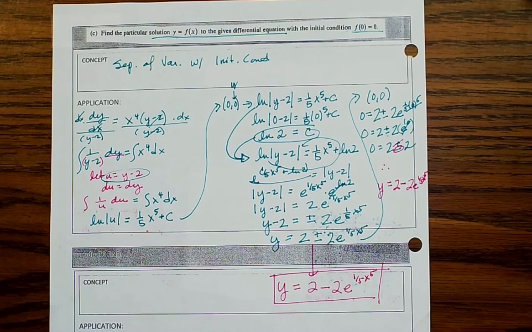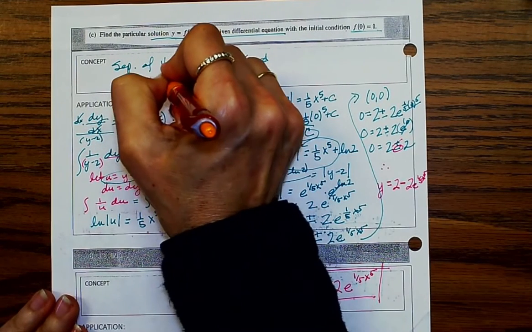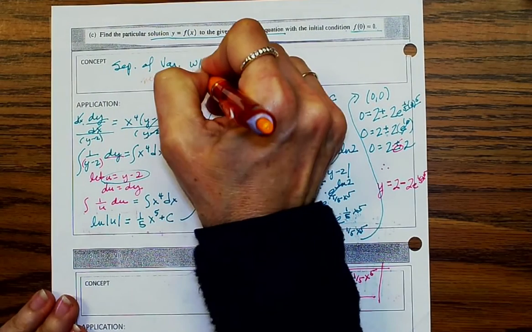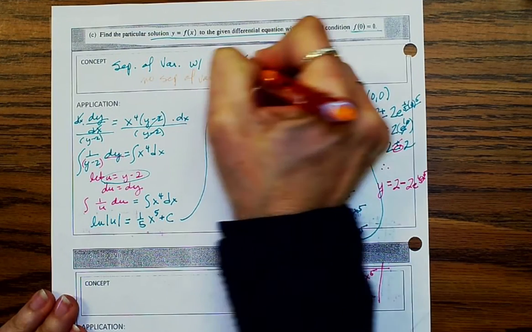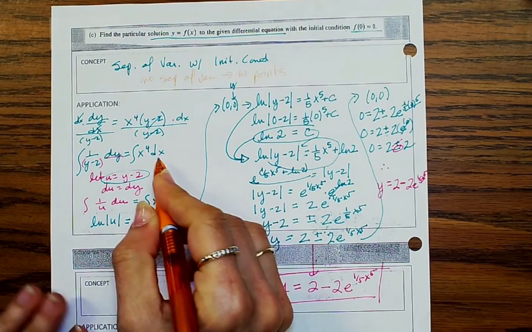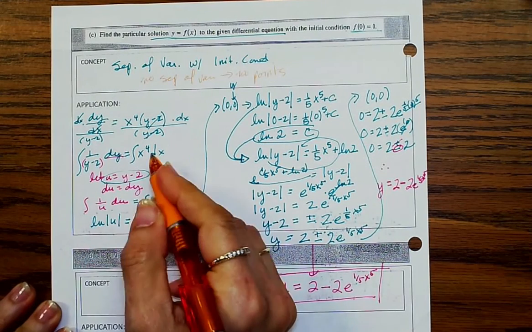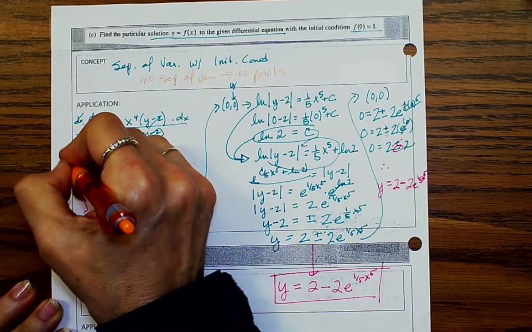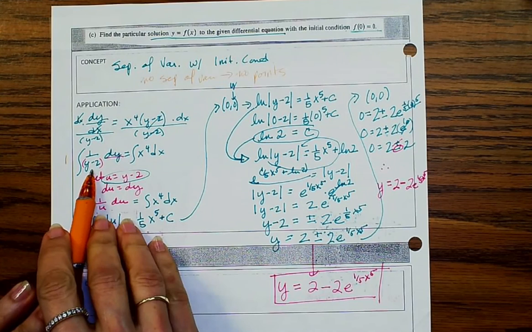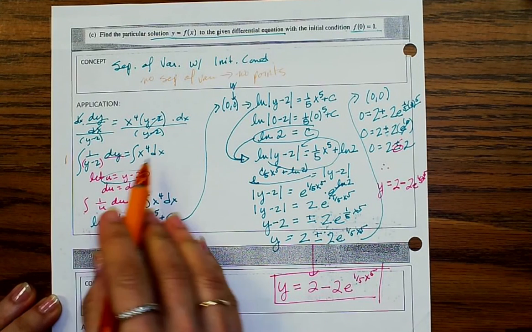Okay. As far as the points for this, rubrics vary a little bit, but basically if there is no separation of variables, then there are no points. But in the separation of variables, there might be 1 or 2 points assigned. So I'm going to give 1 point for getting 1 over y minus 2 dy equals x to the 4th dx.